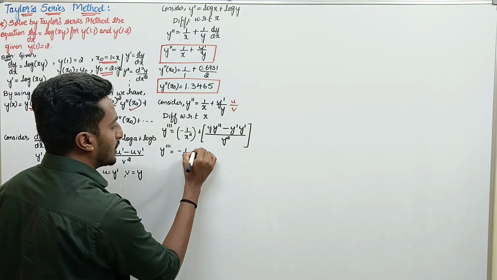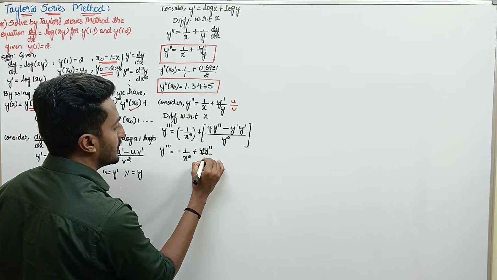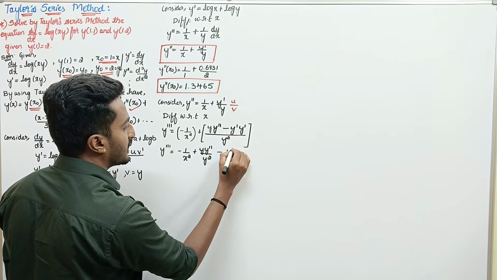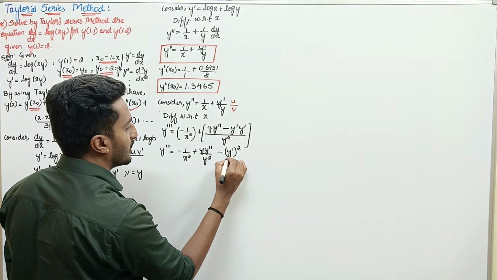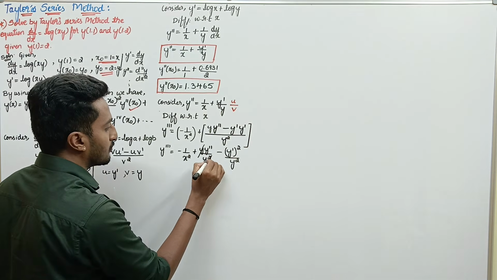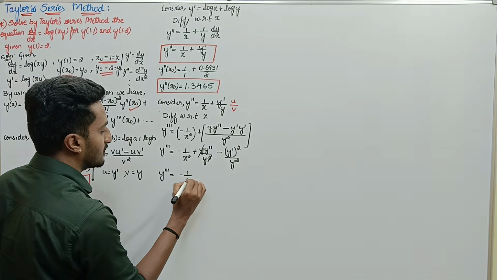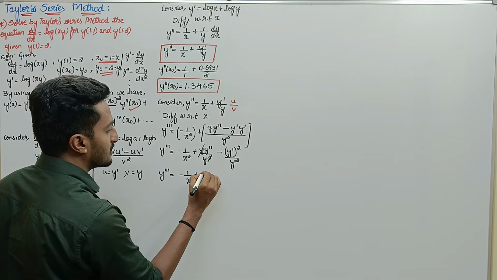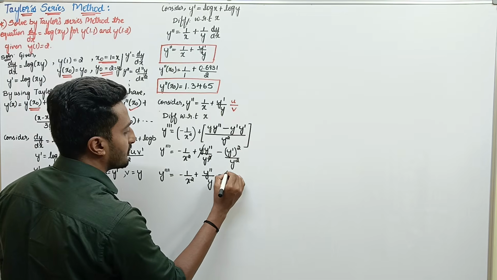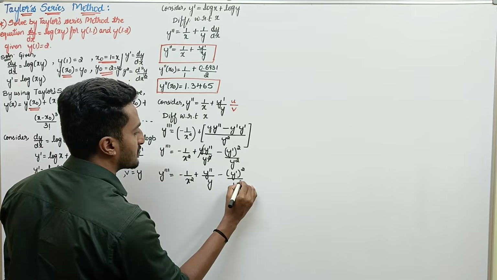So plus y into y double dash by y square, minus, plus into minus, minus y dash whole square divided by y square. See, y gets cancelled, y triple dash is equal to minus 1 by x square, plus y double dash divided by y, minus y dash the whole square divided by y square.